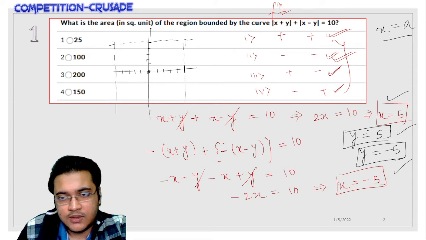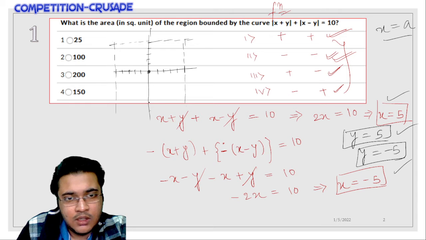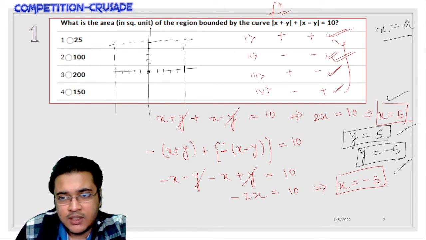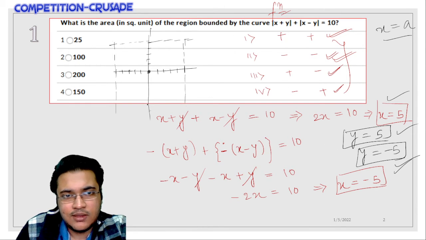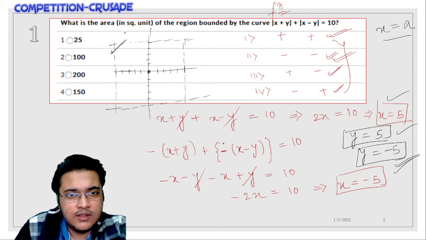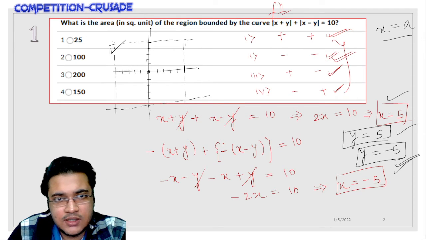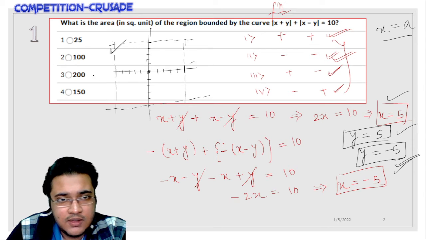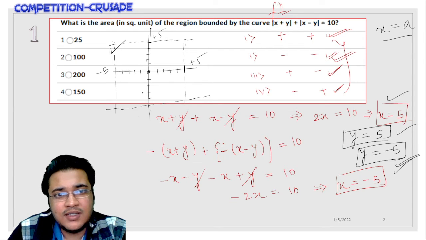And y is equal to minus 5 will be a line parallel to the x-axis. So 1 2 3 4 5. So intuitively, now this figure over there, you already know that this is plus 5, this is minus 5, this is also plus 5, this is minus 5. Effectively this is a square.